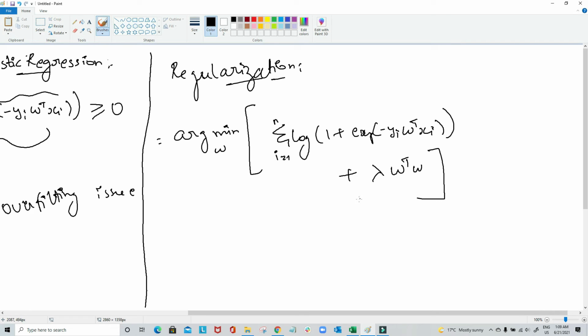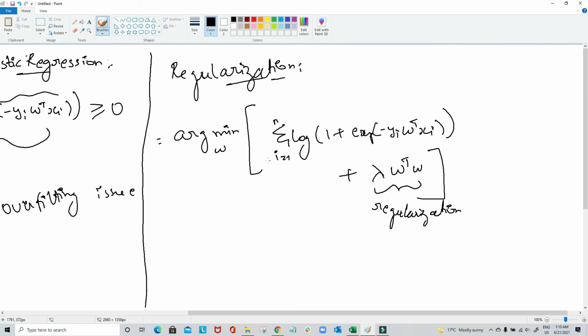So what essentially is happening is, say if we had only the first part of the expression, and w tends to infinity, then this whole expression would become 0. So the minimum value of this expression will be attained, and as we discussed earlier, it would cause an overfitting issue. So to handle that, we are introducing a new term here called regularization.